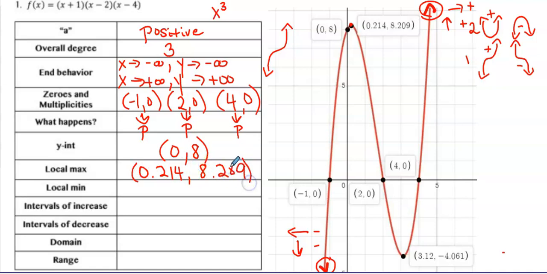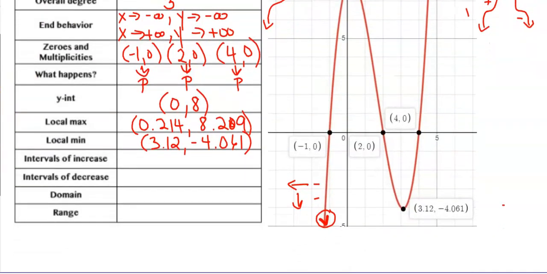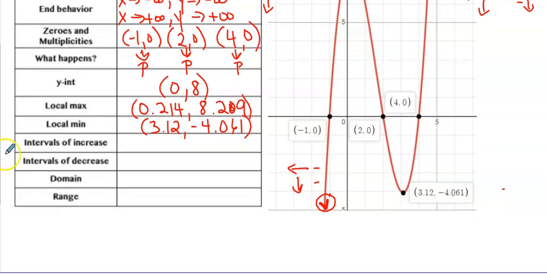The local minimum is down here at the bottom, so that one is another ordered pair.